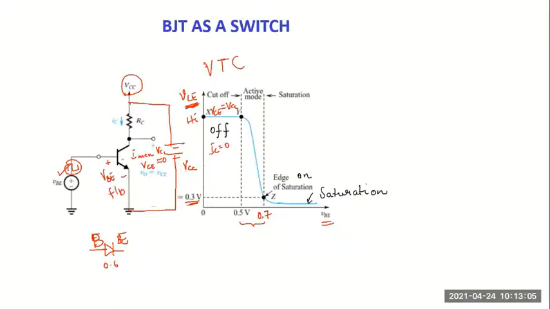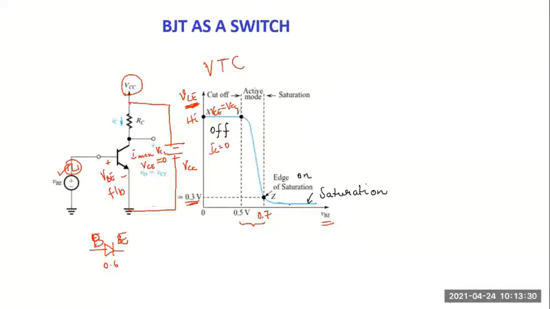This junction is forward biased. Transistor will be conducting. Whenever the base emitter junction is forward biased, please remember the transistor will conduct. Whenever the transistor is conducting, there is flow of current and the transistor will be in saturation. It will be in saturation during the positive half cycle of the input.